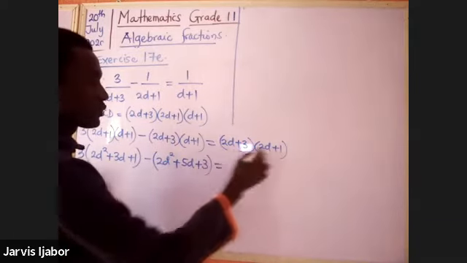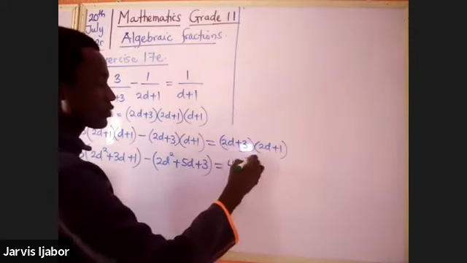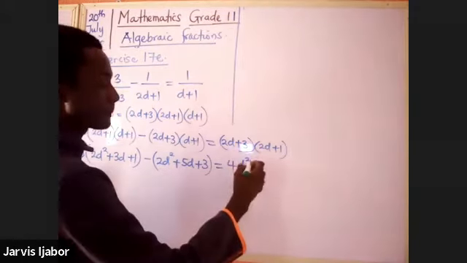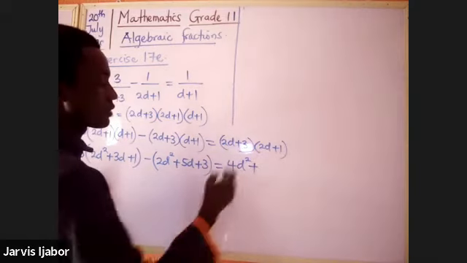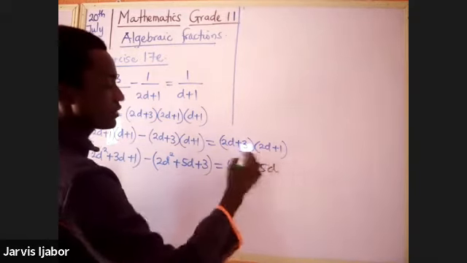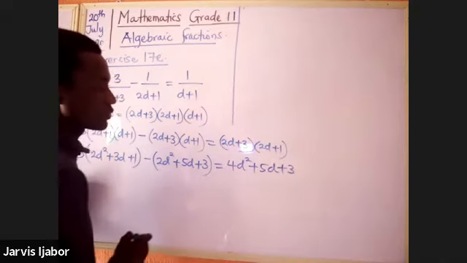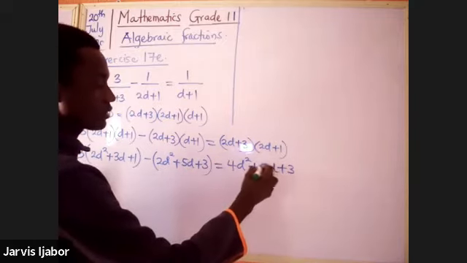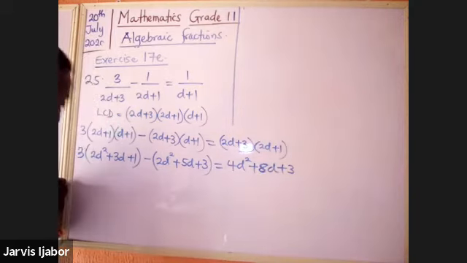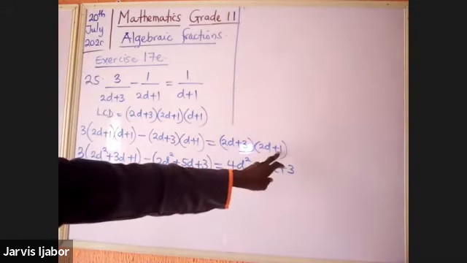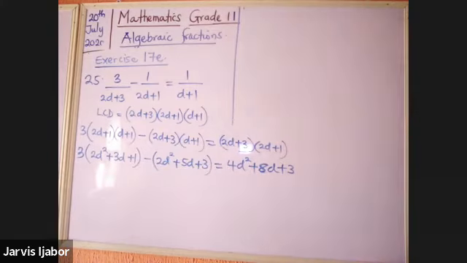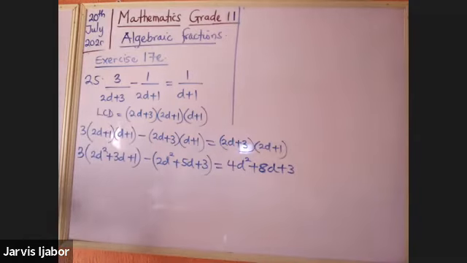This will be equal to 4D squared plus 8D plus 3. I hope I got that right. This is 6 plus 2, that should be 8. Let's see. 2D, 6D, that's 8. 3, 12. All right, that's in order. That's correct.